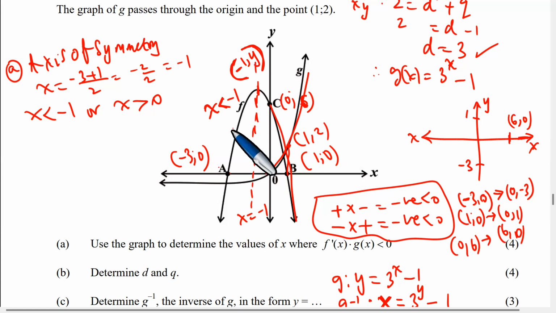X equal to minus 1 and y, which means you'd have a y, and then the y is going to be negative 1, somewhere there. So the graph of the inverse of f is like this.